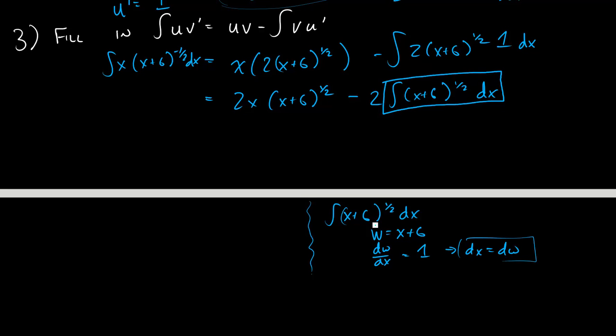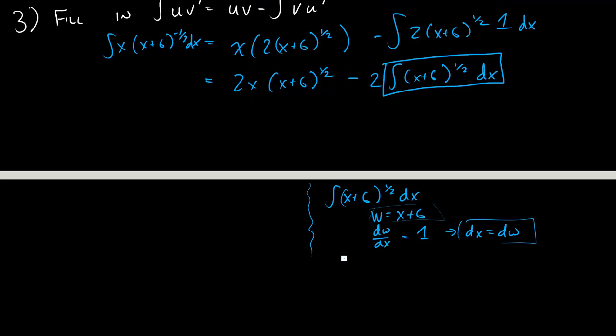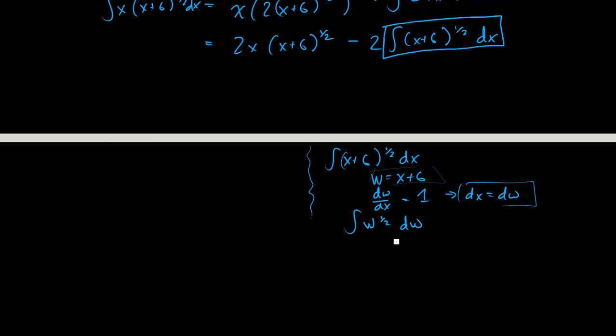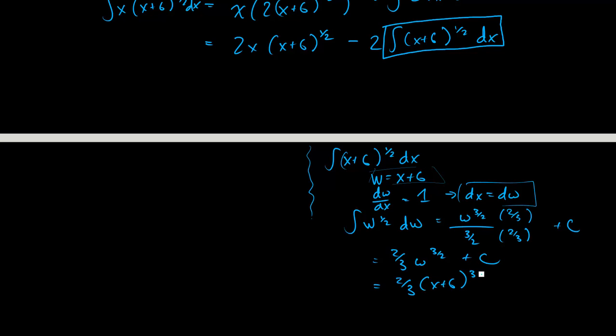I'll make my substitutions, and then I'll get the integral of w to the 1/2 dw. So this is going to be equal to w to the 3/2 divided by 3/2. Now I'm multiplying the top and the bottom by 2/3. That gives me that this is really 2/3 w to the 3/2 plus c. And so substituting back in my x's will give me 2/3 times x plus 6 to the 3/2 plus c.